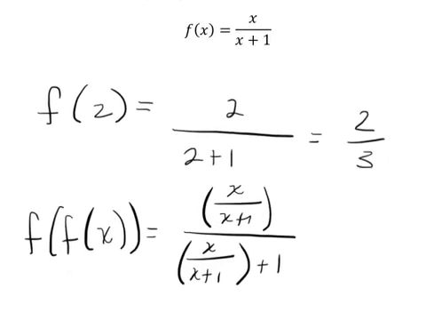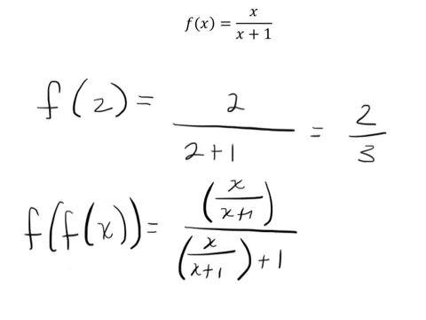We're taking the original function and plugging it into itself wherever x is located, just like f of g of x, where you would take g of x and plug it into both spots. In the same case here, we take f of x and plug it into itself. And now it's clearly a complex fraction. What do we do next?